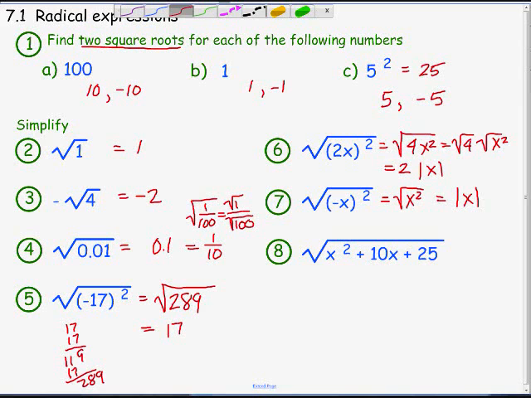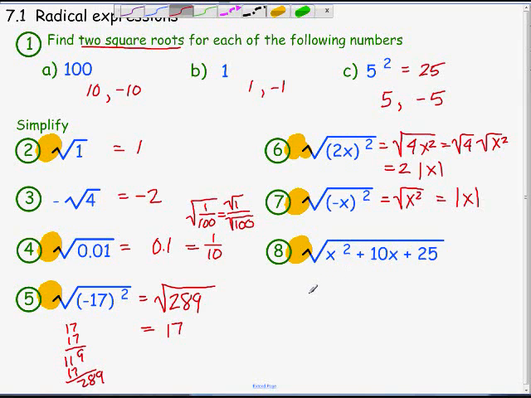Instead of putting a mark there, I'm just going to do a circle in front of all these that have no sign, because no sign in front of it means that it is positive. And I want to emphasize that right now.